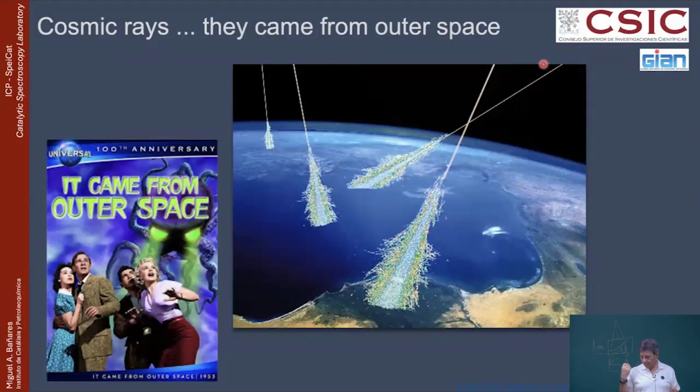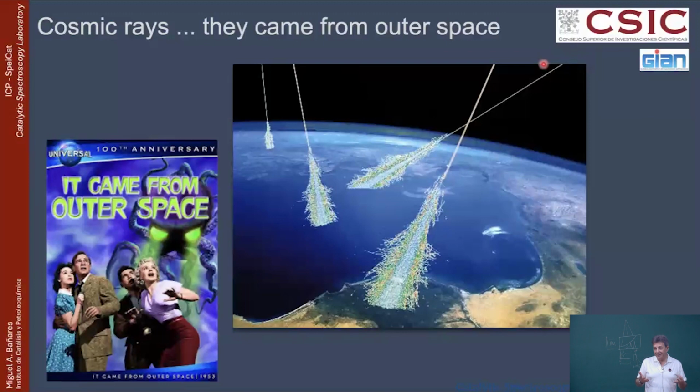But usually, most of it will go through you, it will go through me, it will go through this table, it will go through a shielding without major problem, because most of the matter is not solid as we think. Remember all the experiments where they were throwing alpha particles through the material, they just go through it. This is empty even when it appears solid. 99% is orbitals and energy, but no matter. So they go through anything, and they go through the detector, and then you get the spikes.